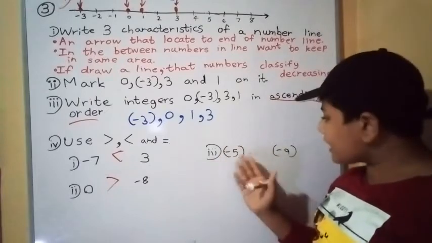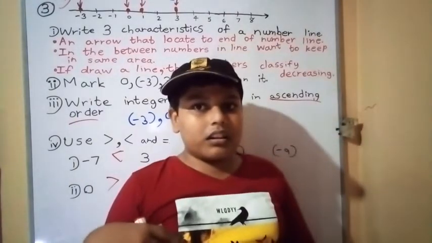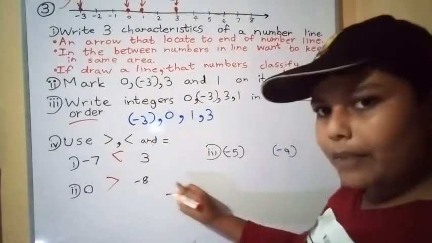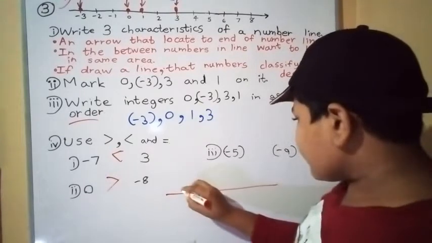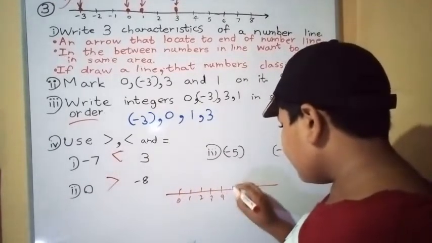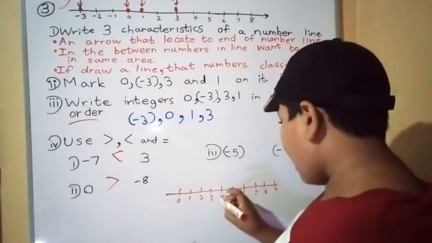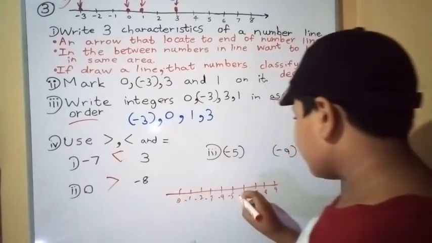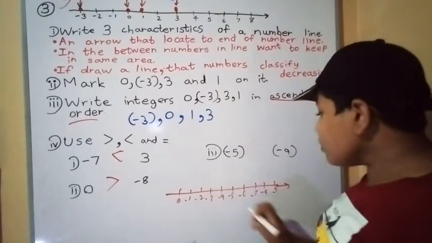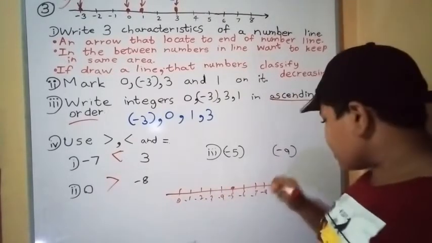Third one, negative 5, negative 9 they have. If you get the negative 5 and negative 9, you draw the number line like this, and you get 0, 1, 2, 3, 4, 5, 6, 7, 8, 9. These all are negative, right? Now you look at negative 5 and negative 9.